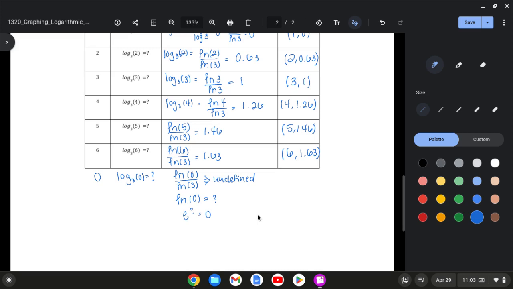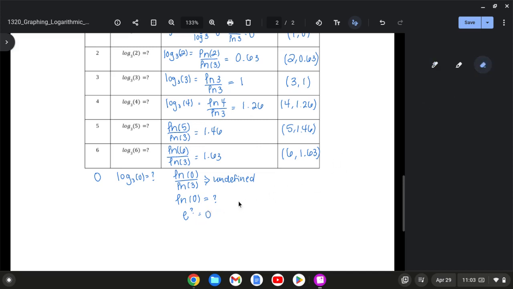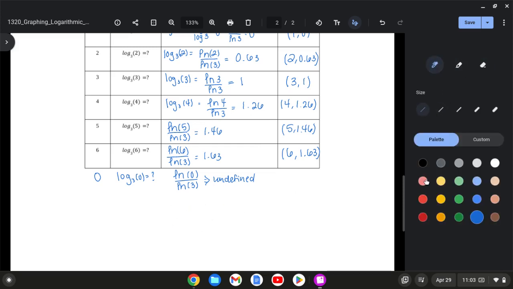And again, just like we experienced before, there is no power of e that evaluates to be 0, just like there wasn't a power of 10 that evaluated to 0. So therefore, it's going to be undefined there. So that is one thing to also note as we are going to be drawing our graph.